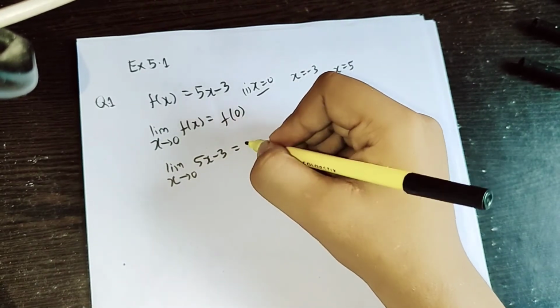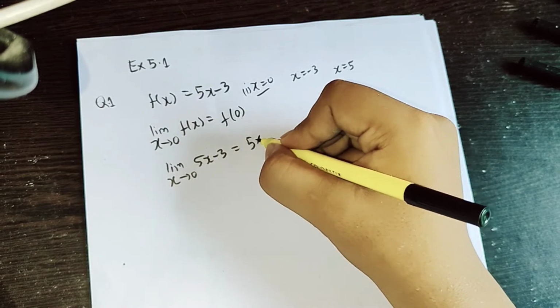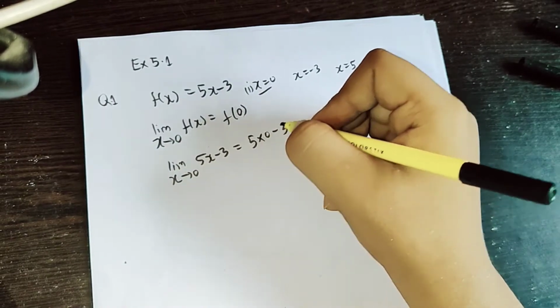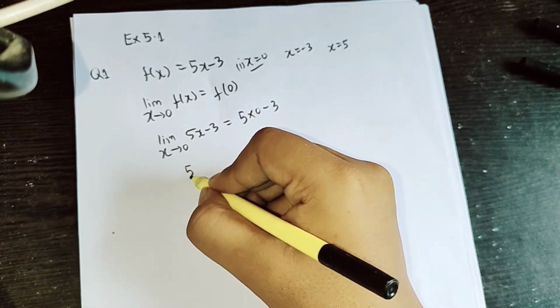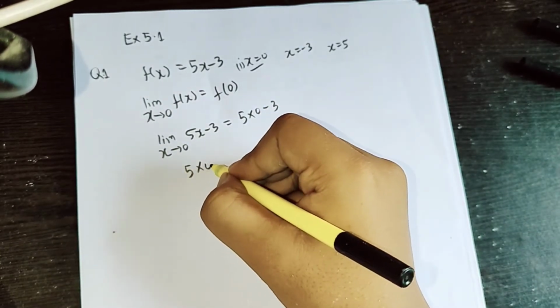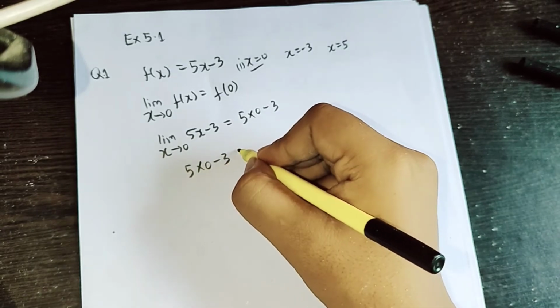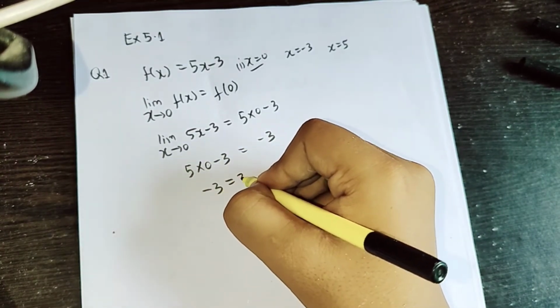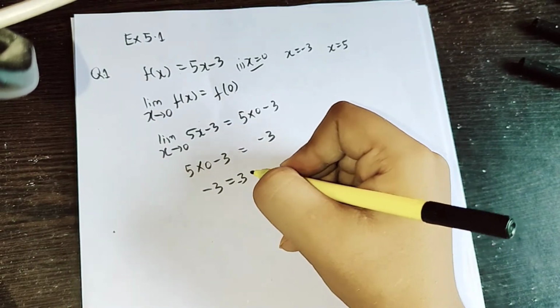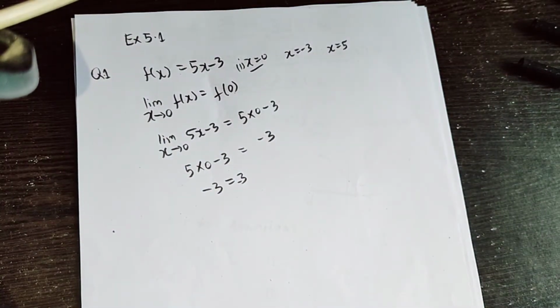If we put in our limit, it is 0 minus 3, which becomes minus 3, and f(0) also becomes minus 3. As you can see, both of them come out to minus 3, so it is continuous.